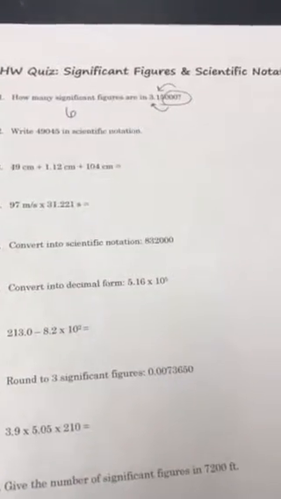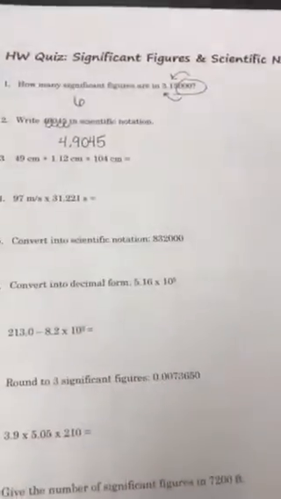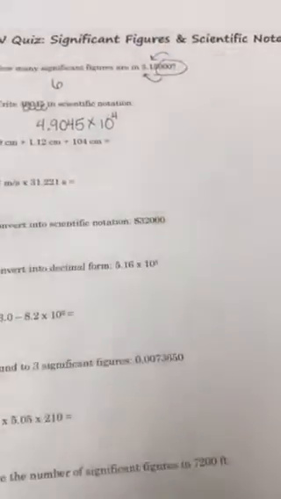For question number 2, we want to write a number in scientific notation. We have our decimal point at the end there because this is a large number, and we are moving our decimal point over so that we have one number, decimal point, and then the rest of the numbers. Now we have our times 10, and because we moved it over 4 spaces, our exponent is going to be 4.